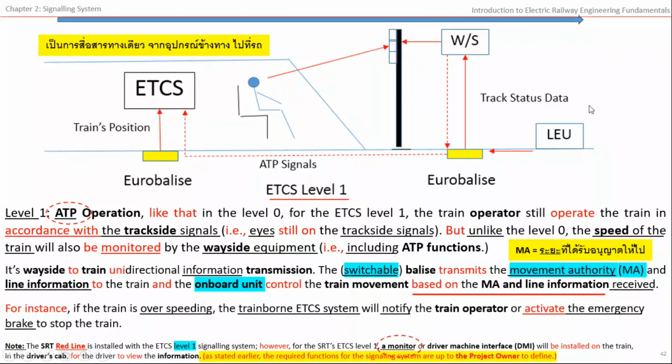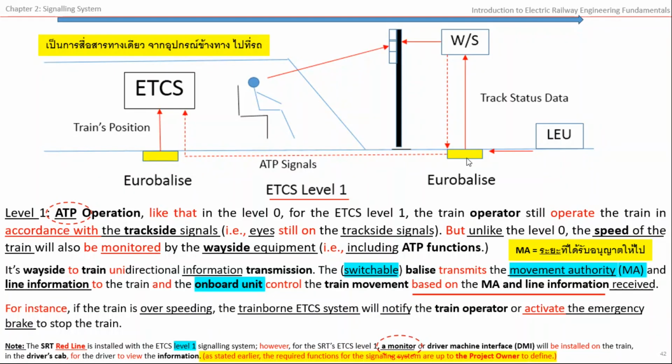Meaning that, like I said in a previous slide, there will be equipment to determine the track's occupancy and send the information to the LEU, and the LEU will send information to the switchable balises.